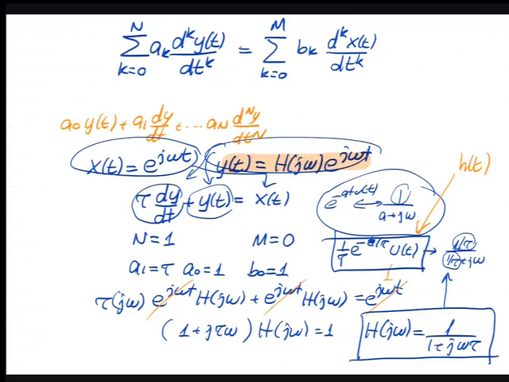Okay, so alternatively, instead of substituting x equals e to the j omega t and y equals h times e to the j omega t, we could have just taken the Fourier transforms of both sides of the differential equation. Right? What is the Fourier transform of this guy?